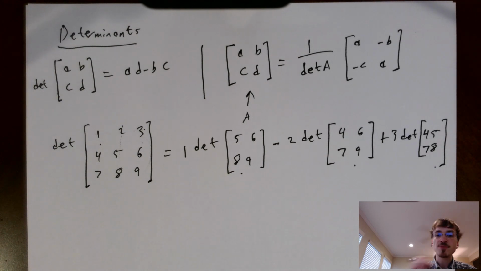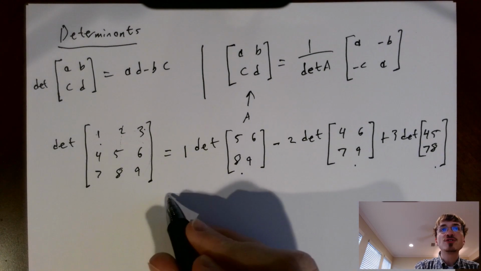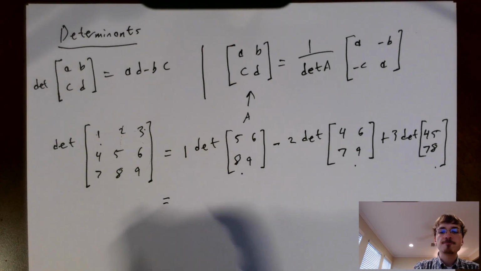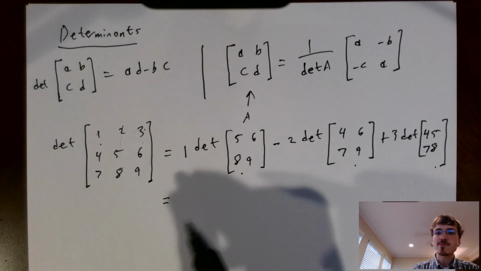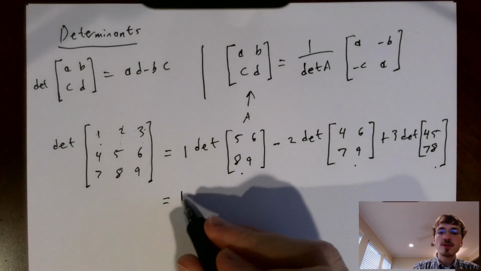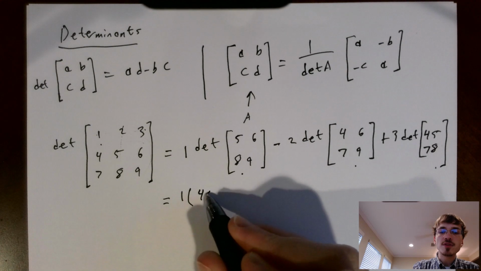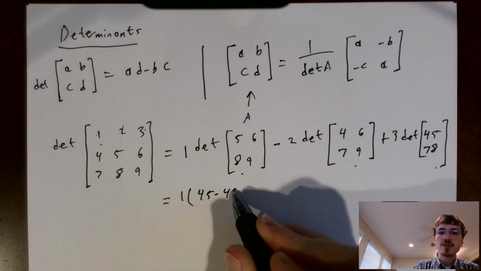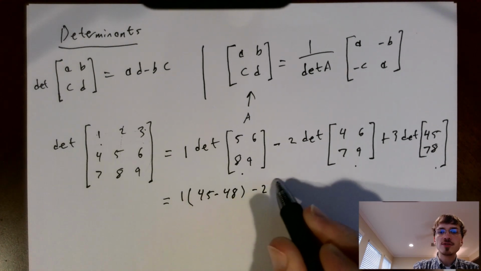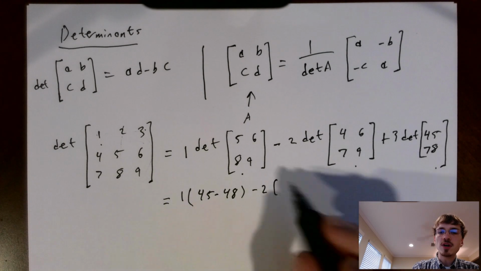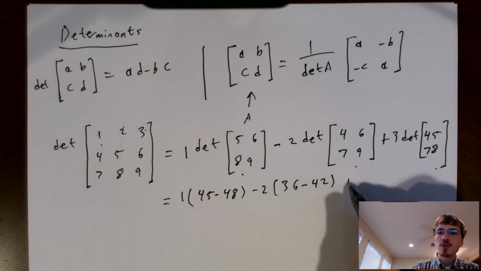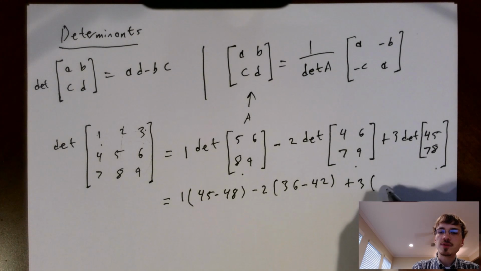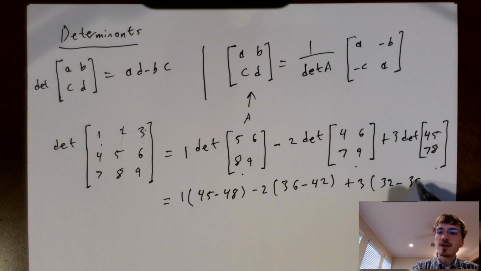Well, let's compute this determinant first, and let's try it another way. So let's get a baseline. This determinant is going to be 1 times 45 minus 48, minus 2 times 36 minus 42, plus 3 times 32 minus 35.